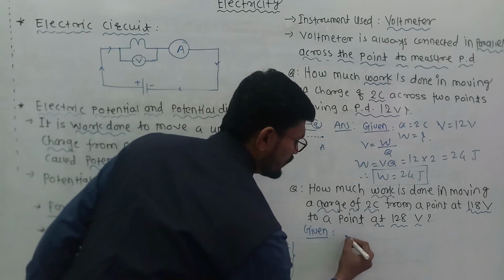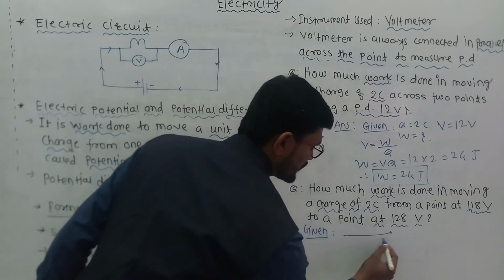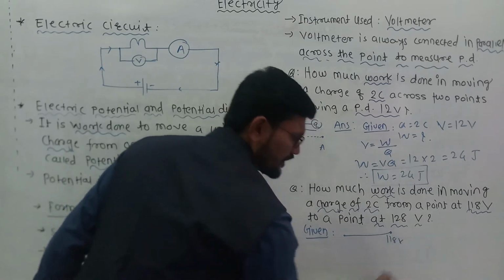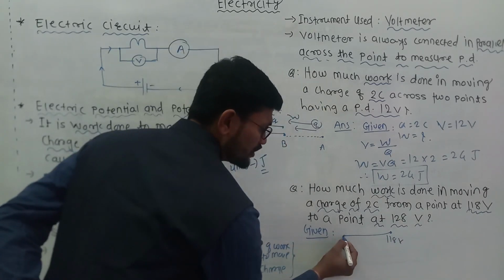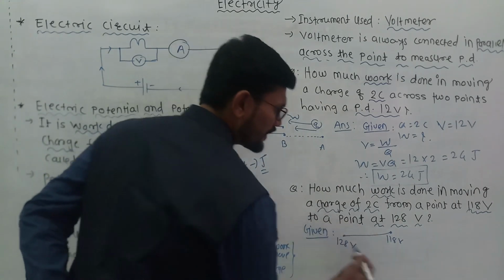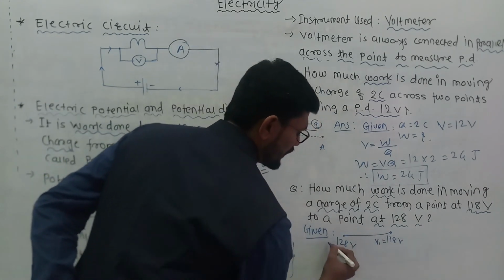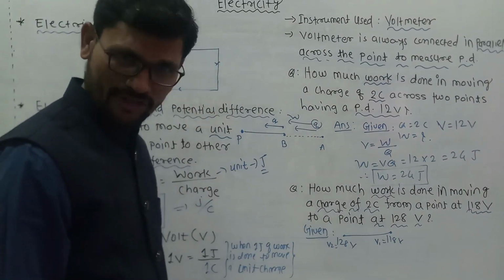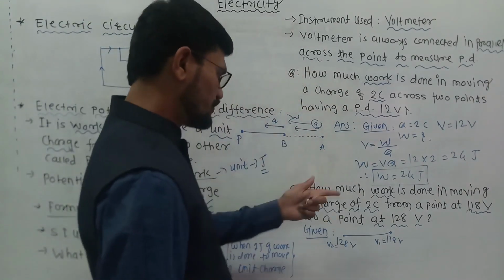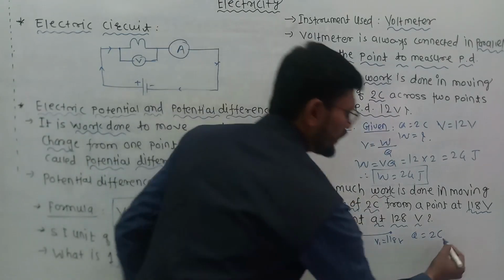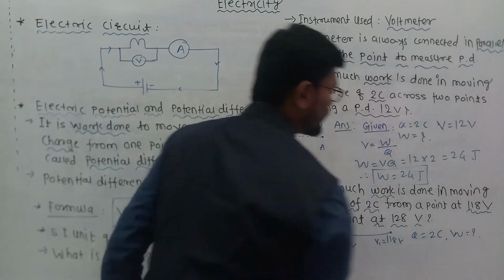Clear? What is given now? We know very well there are 2 potentials. We are bringing this charge from this point, where the potential is 118 volt, to this point, where the potential is 128 volt. So this one we call V1, and this one we call V2. So V2 minus V1 is the resultant potential. Clear? And the charge is given, 2 coulomb. What do we want to calculate? Work. What is the formula?